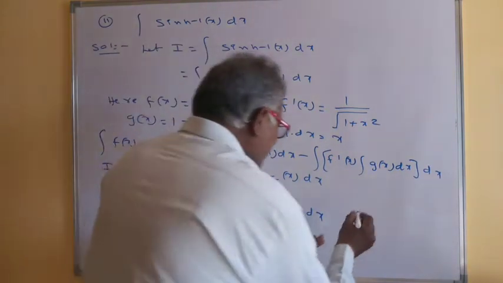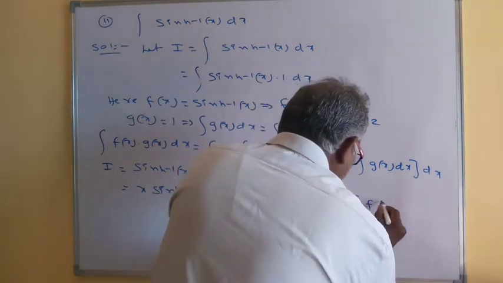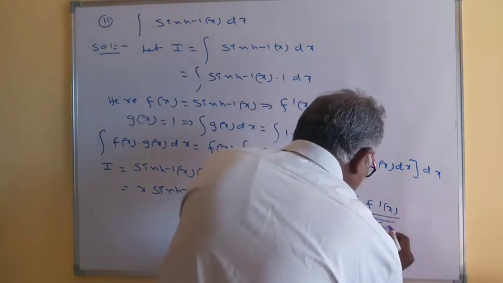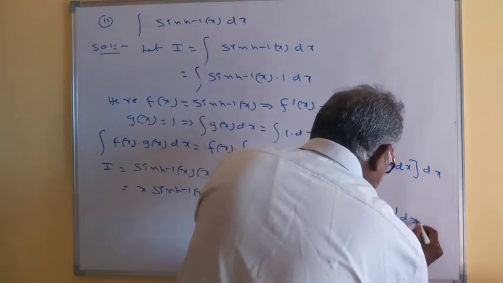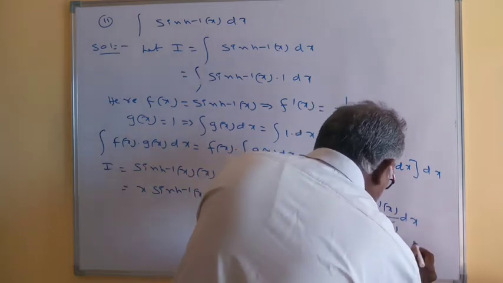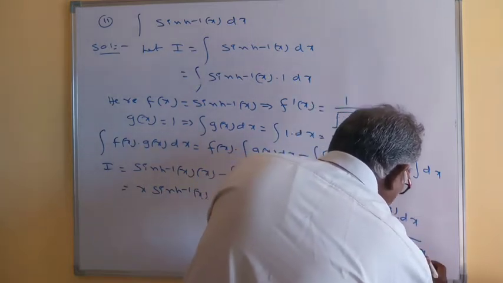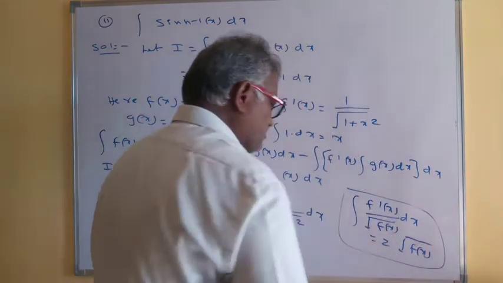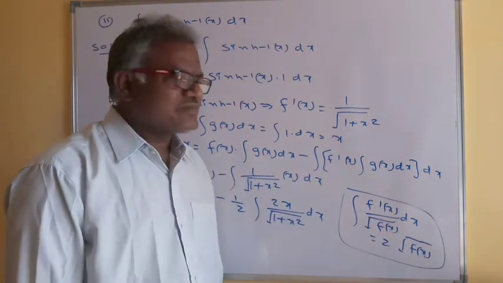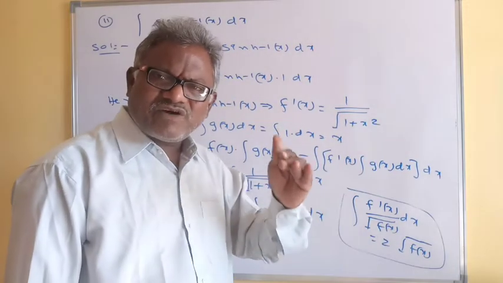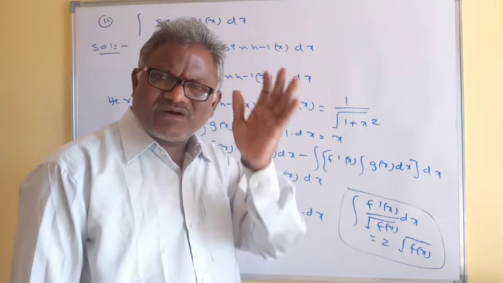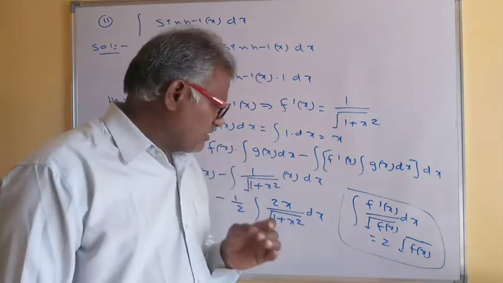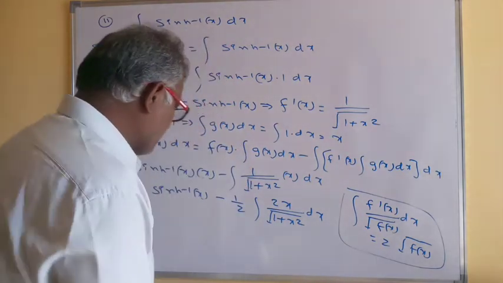Okay. So clearly this is the form f dash x by root f of x dx, which is equal to 2 root f of x. Previous one, f dash x by f of x means log modulus f of x, whereas here, f dash x by root f of x gives us 2 root f of x.